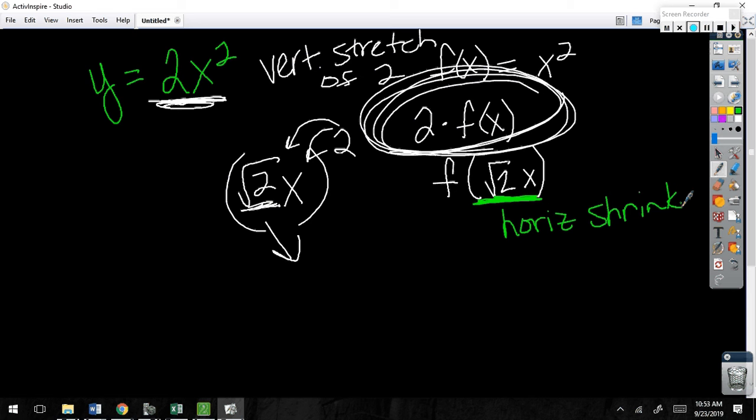But they have some different factors here, as you can see. A horizontal shrink here of square root of 2 is the same thing as a vertical stretch of 2 on this one. Either one you put is fine, but you don't put them both. You just put one, right? Pick which one you're going to do. So if the parent graph, now it depends on, I would definitely go with vertical stretch of 2 on this one. And here is why.